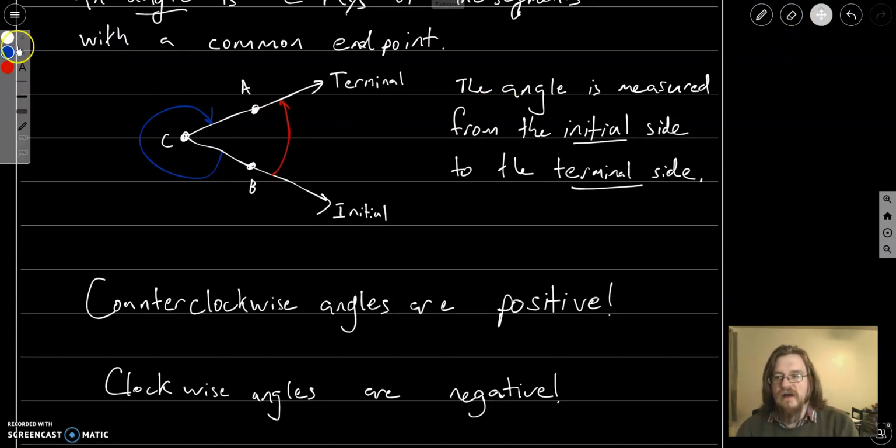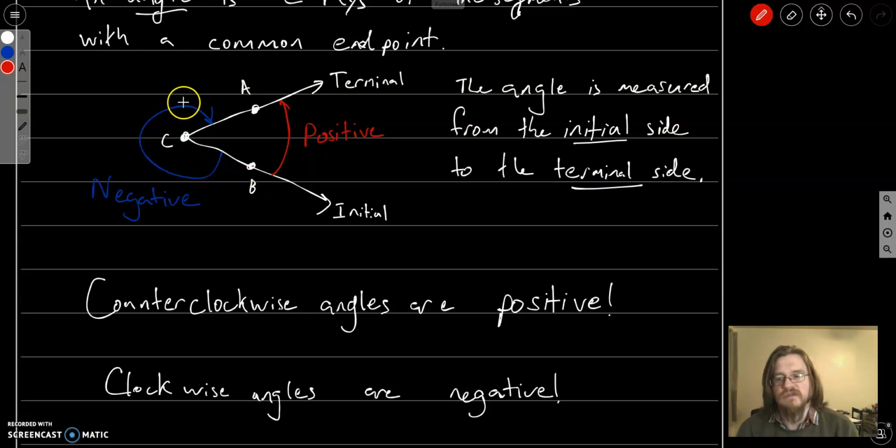The angle going in the clockwise direction, so following around this way, is going to be a negative angle. The angle coming from the initial side to the terminal side going counterclockwise is the positive angle. So there will be multiple numbers that will correspond to the same angle.